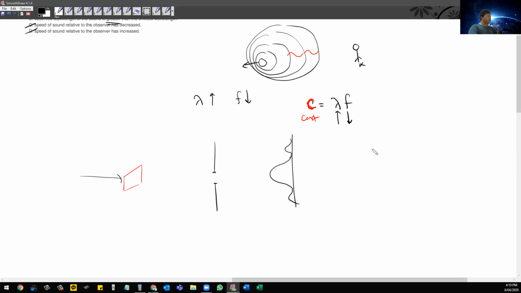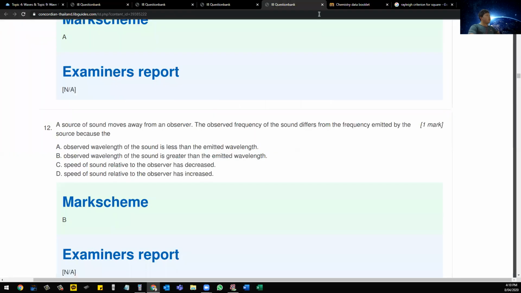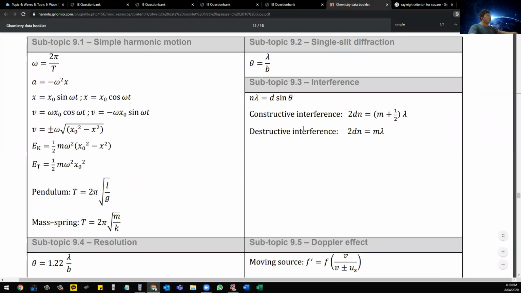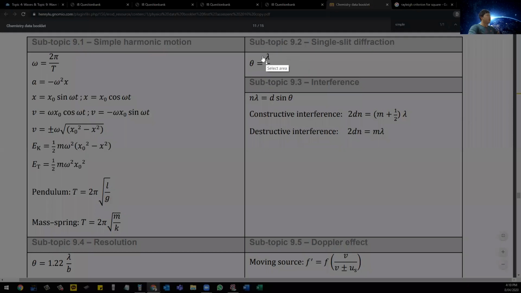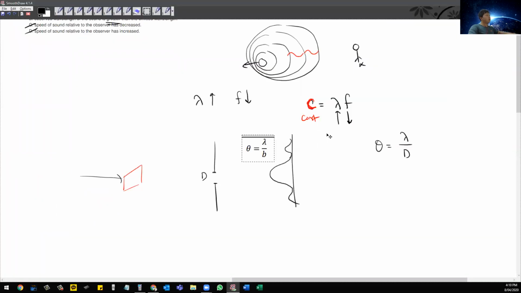And we have the Rayleigh criterion, which is just lambda over d, where d is the slit width. Let's also have a look at the formula for the single slit. Yeah, that's exactly the Rayleigh criterion formula, isn't it? So they have it in B, doesn't matter.